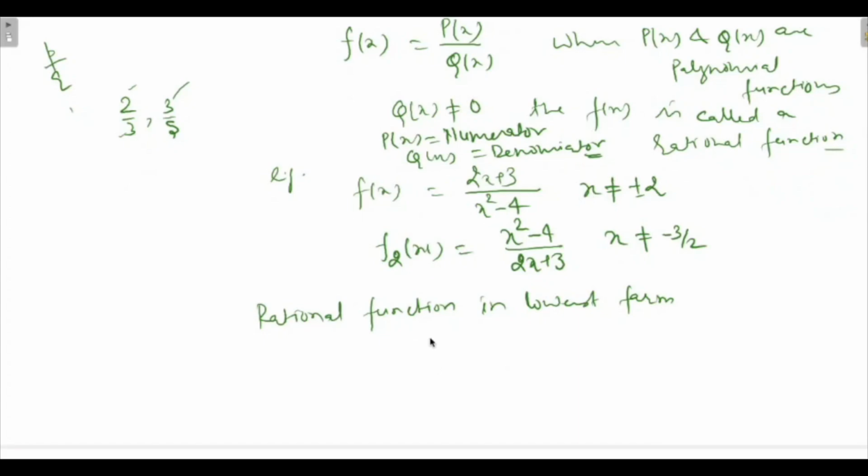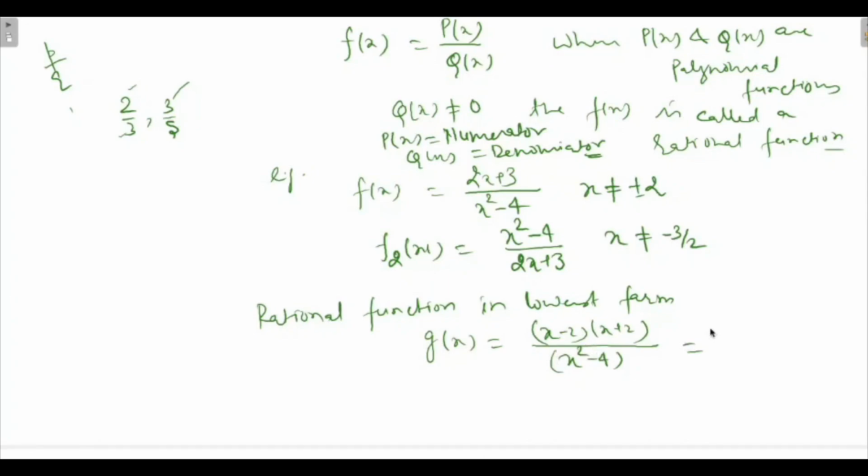Let's say you have g(x) equals (x − 2)(x + 2) in the numerator, and in the denominator I have x² − 4. So this is not in the lowest form. To put it in the lowest form, whatever the common factor is, I have to remove it.